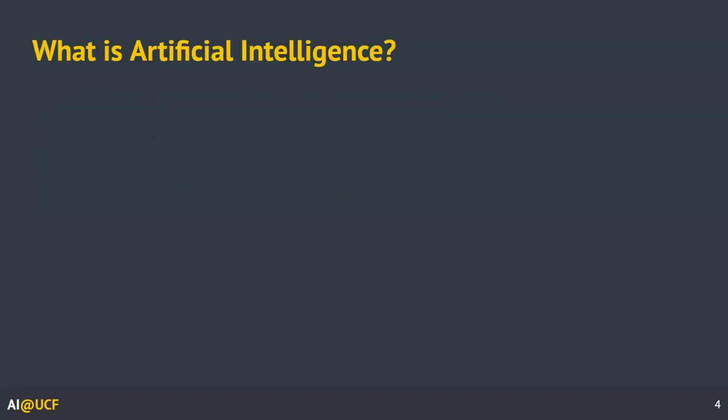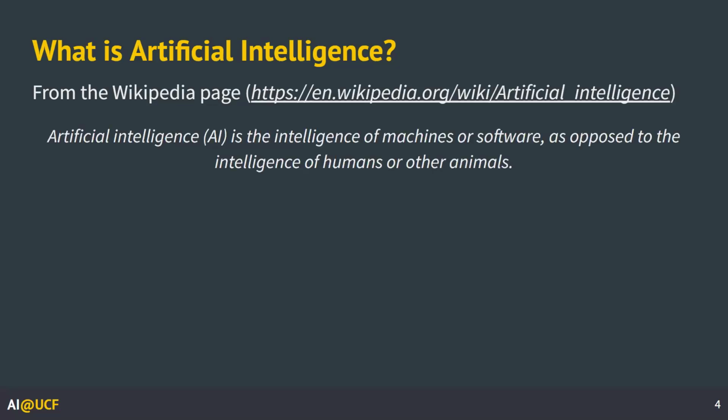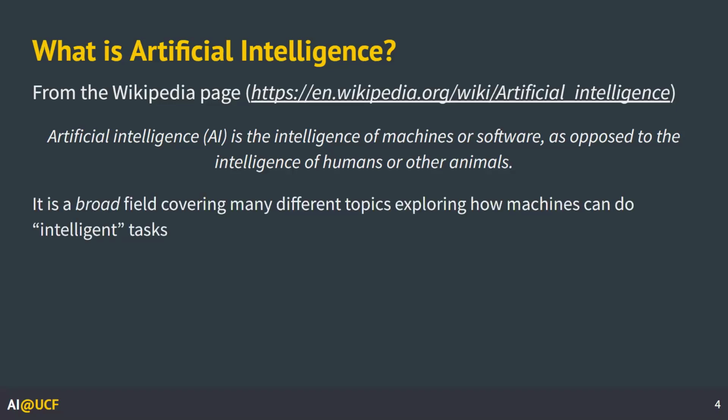So first, what is artificial intelligence? From Wikipedia, they define artificial intelligence as the intelligence of machines as software, as opposed to the intelligence of humans and other animals. So basically, it's what kind of intelligence can machines encompass? It's a very broad field covering a lot of different aspects between machine learning engineers, cognitive scientists, neuroscientists.